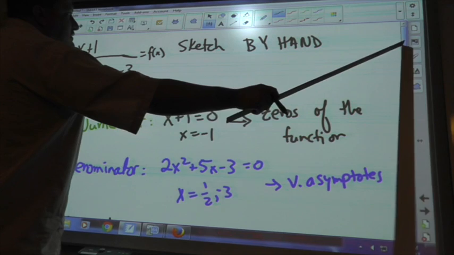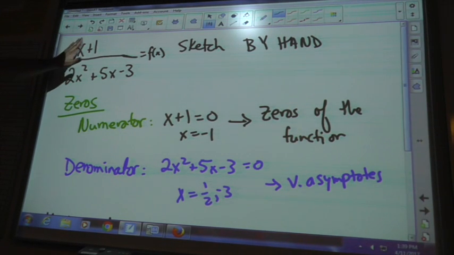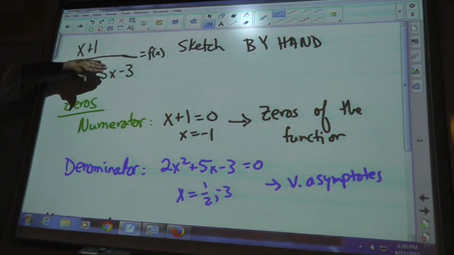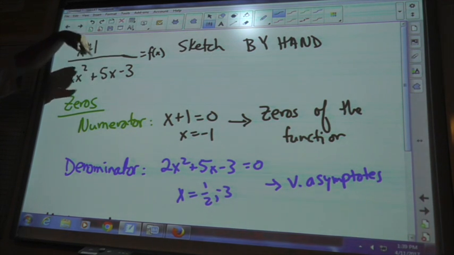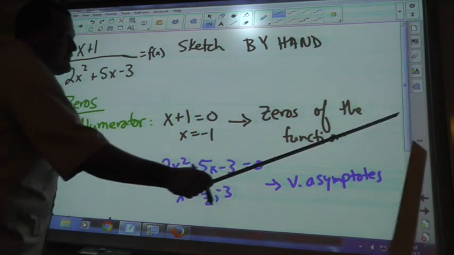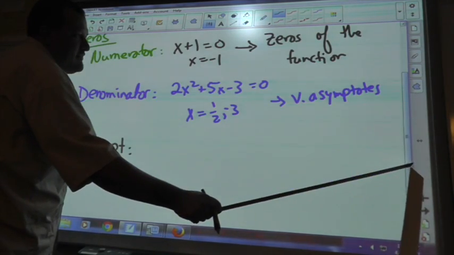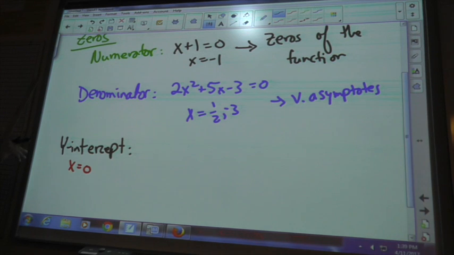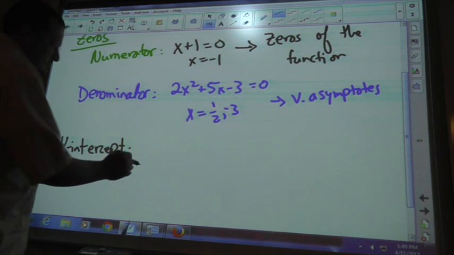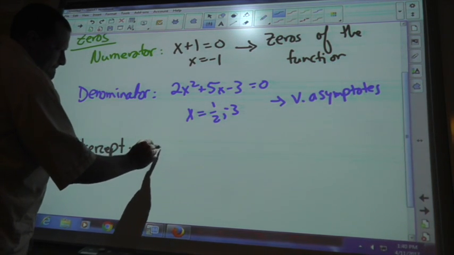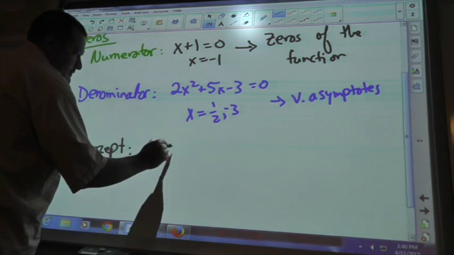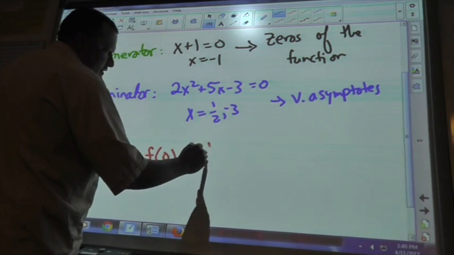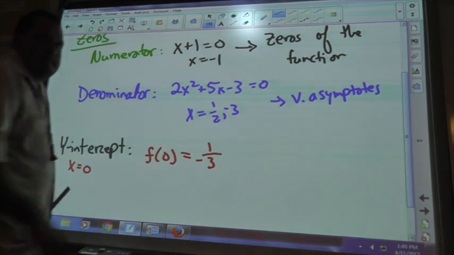When x equals 0, this is gone and this is gone, so I just have 1 over -3. So f of 0 is 1 over -3.